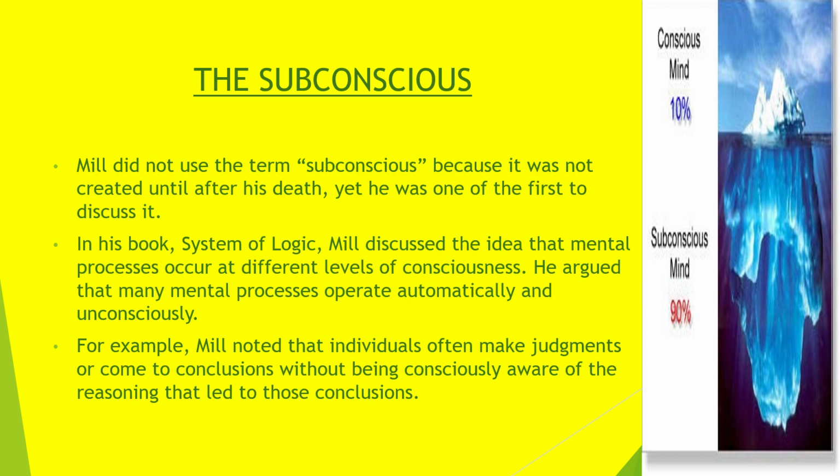In his book System of Logic, he discussed the idea that mental processes occur at different levels of consciousness. He argued that many mental processes operate automatically and unconsciously. For example, Mill noted that individuals often make judgments or come to conclusions without being consciously aware of the reasoning that led to those conclusions. So in his own right, he was already talking about it before it was actually a thing.